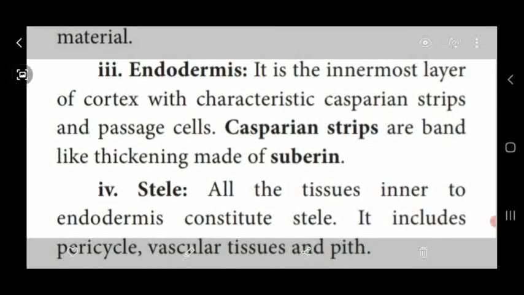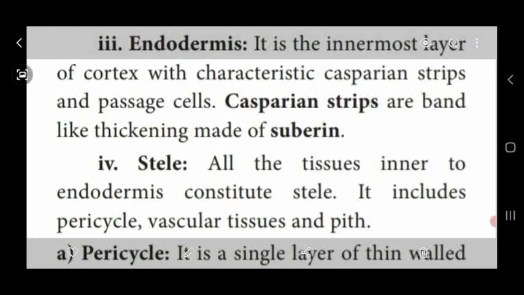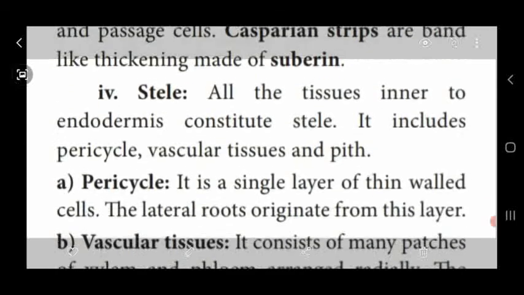Casparian stripe is also present in the radial and inner tangential walls. These Casparian stripes are dark band-like thickenings made up of a chemical substance called suberin. That's why they are arranged in the form of dark band-like structures. It looks like a band, exactly. That is called Casparian stripes.